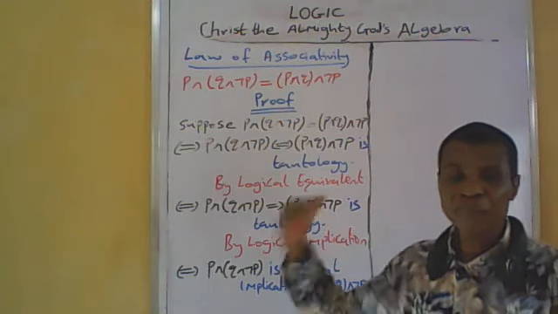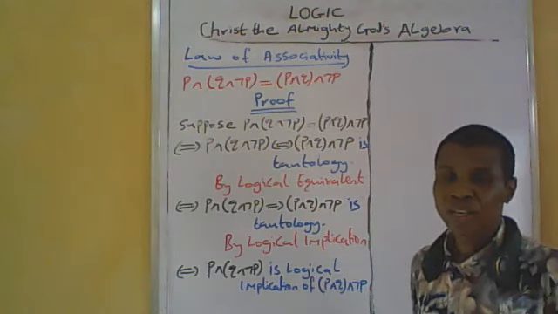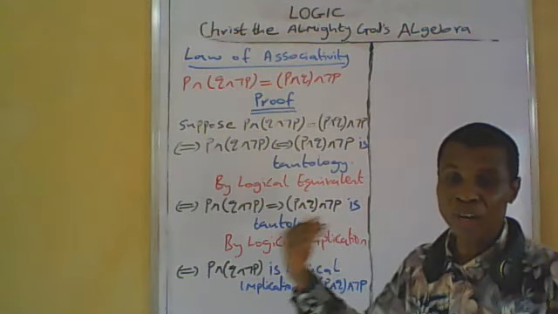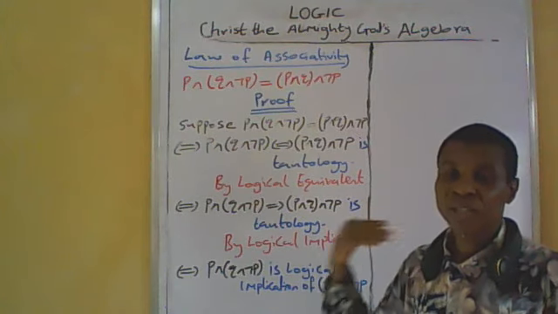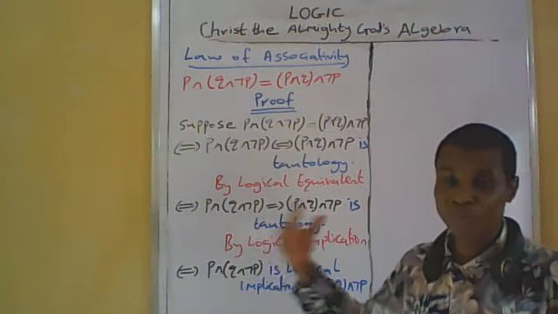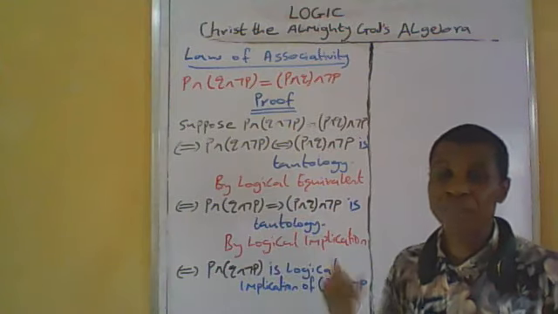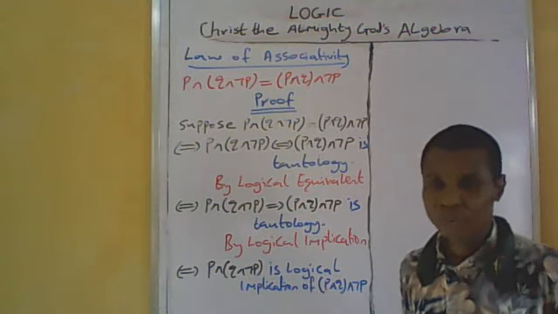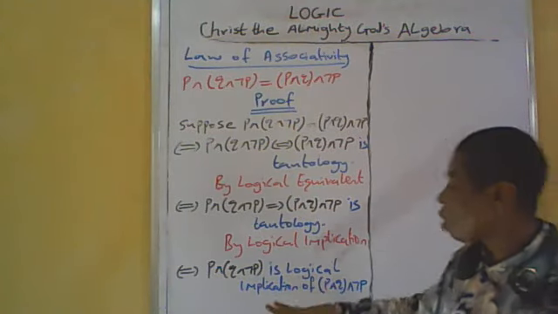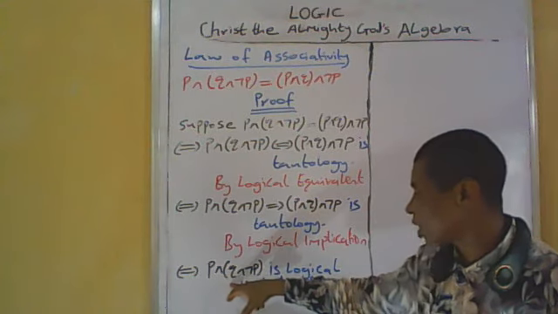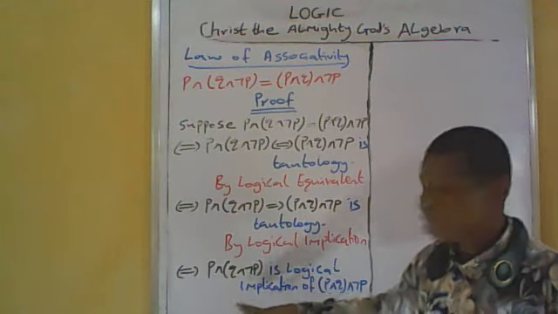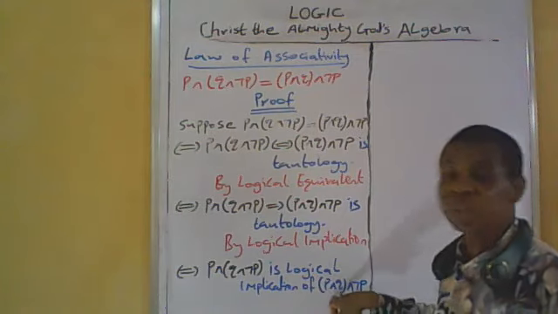We have done the principle of logical implication in our past tutorials. So you can go and visit the principle of logical implication so that you can be acquainted with it. So it's by the principle of logical implication that we derive that the antecedent is a logical implication of the consequent.